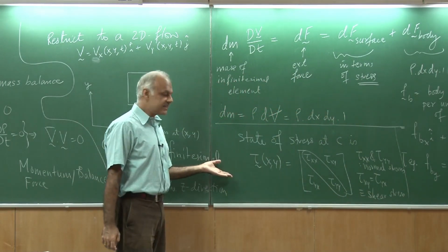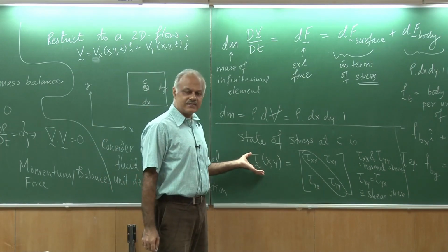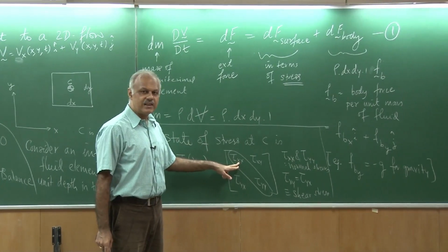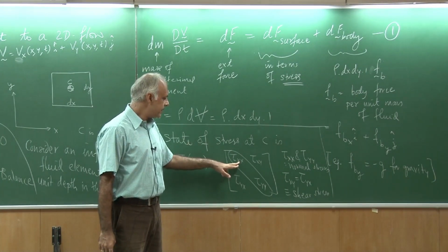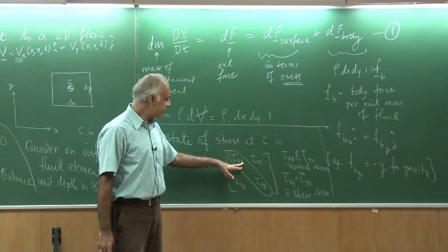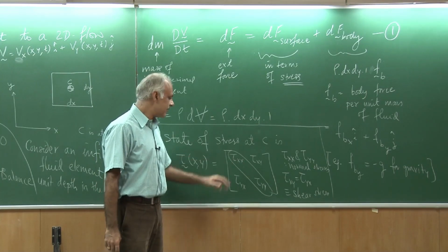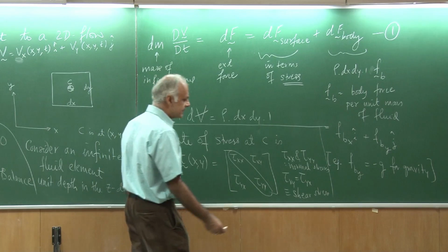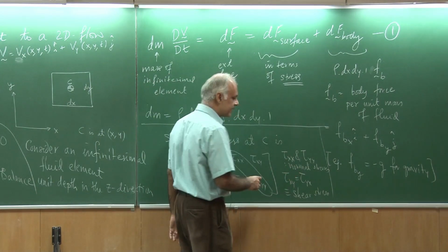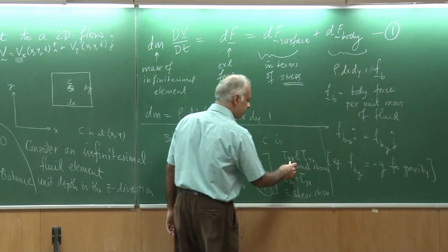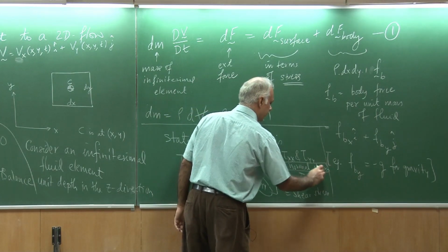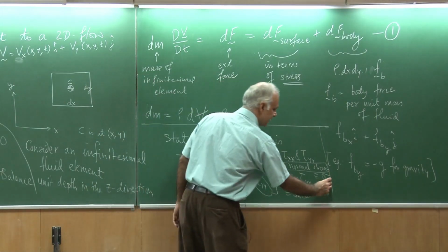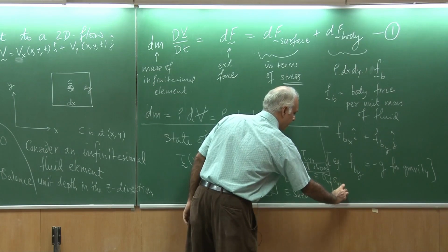If you have forgotten what these indices mean, this is a second order tensor, and the first of the 2 directions refers to the face of the element, and the second one refers to the direction of the stress itself. You will see in your book, or many other texts, the normal stresses are usually referred to as sigma, so sigma xx and sigma yy.